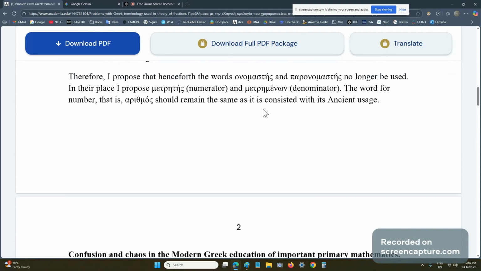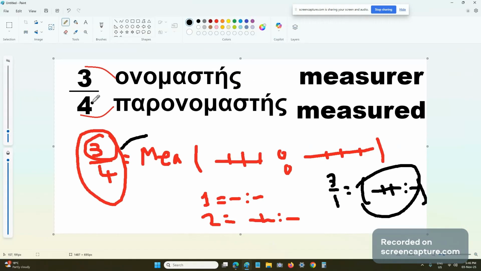It's like saying the namer and the co-namer. I mean, think about that. It's like calling 3 the namer and 4 the co-namer. Nope, that's incorrect. This bottom part tells us how many equal parts the unit or the measured part is divided into, and the top one tells us how many of those we use to form the entire number, 3/4.